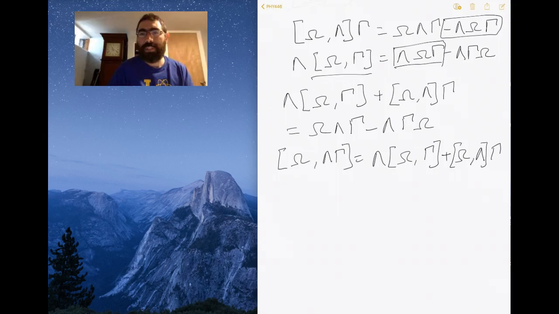So what you're really doing is it's a distributive property. So I'm distributing the two operators in the product here, these two operators here, and I'm distributing them with the commutator.